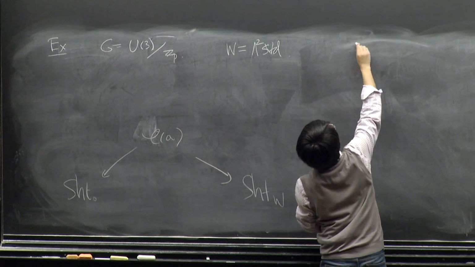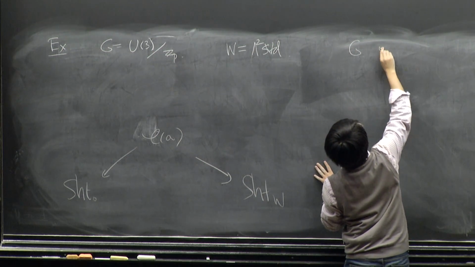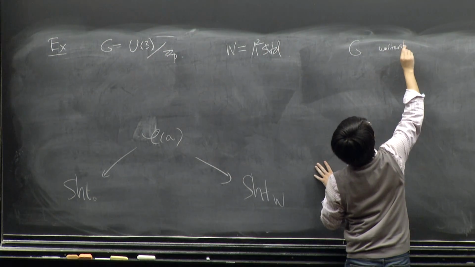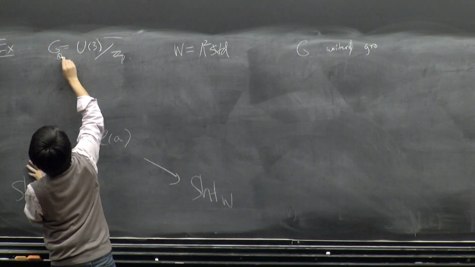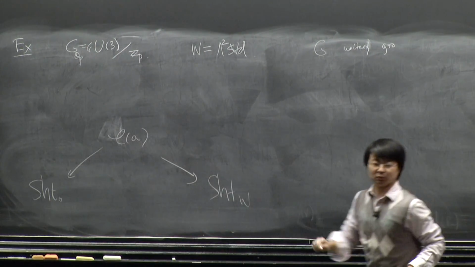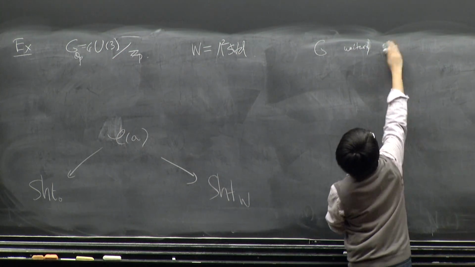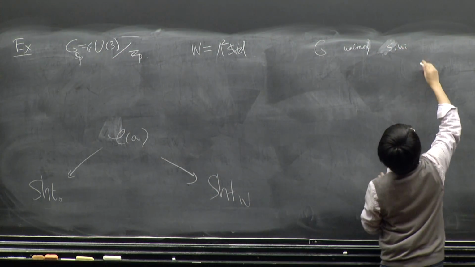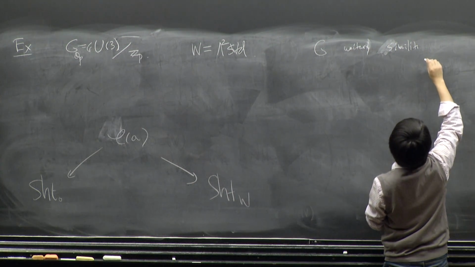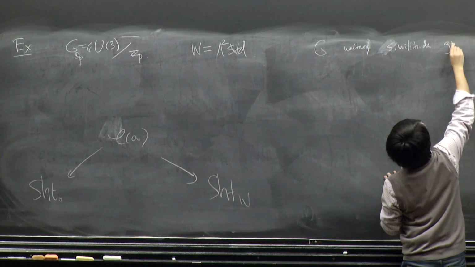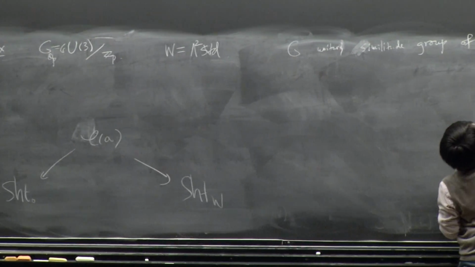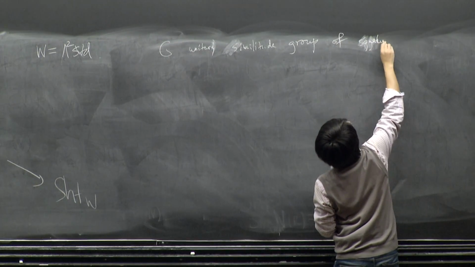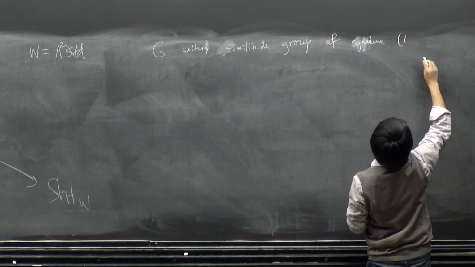I can pass globally and find a G, which is a unitary group, GQ_p. Maybe I want to take the similitude group to make everything work. Unitary of signature 1, 2, or maybe 2, 1.